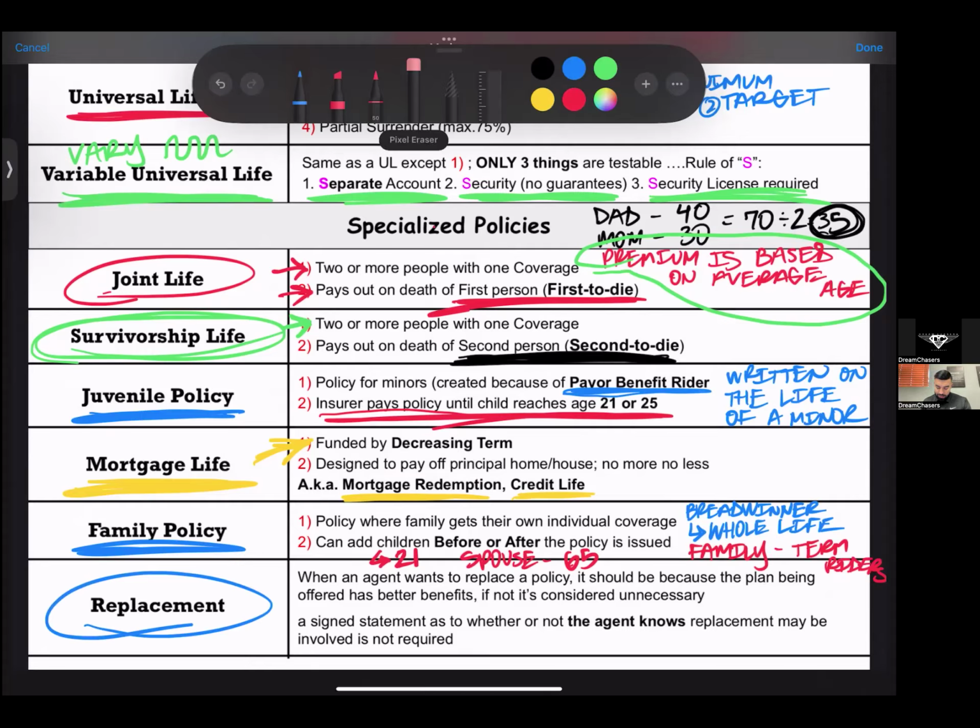But a signed statement, in other words, a signed notice regarding replacement, must be signed by the client, and that is sent to the other company, whichever company it is that their policy is being replaced. But you must get a notice regarding policy replacement. Okay. And now it's added onto the application, right? Done electronically. So it's just literally a box that is checked.